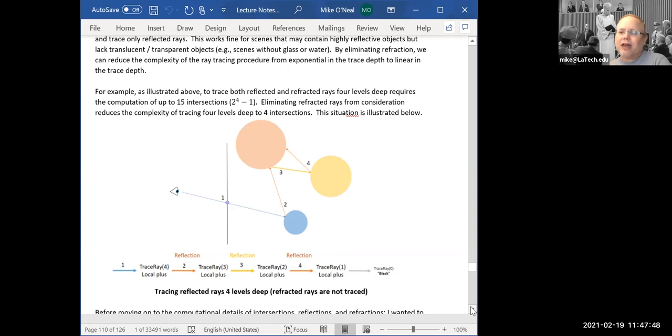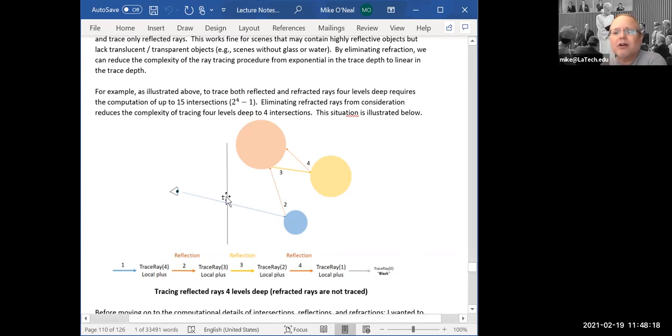If you do that, you can take a calculation that would be exponential and make it linear. So here I've gotten rid of the refractions and I'm just doing the reflections. And so I have 1, 2, 3, 4 intersection calculations as opposed to 15 intersection calculations. So I've dramatically reduced the amount of work.